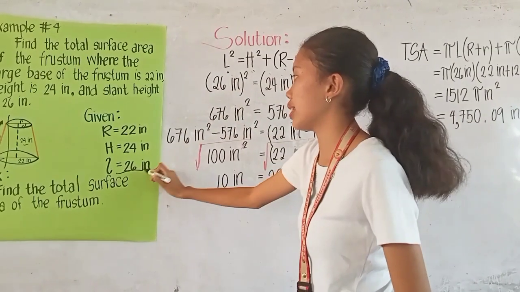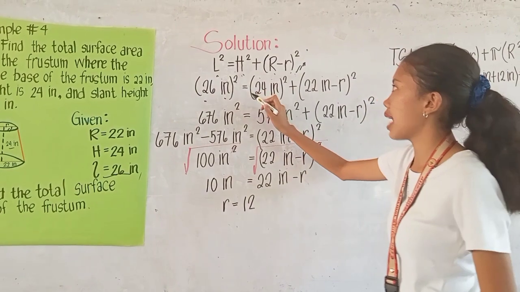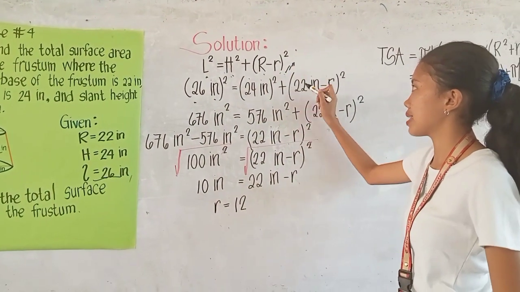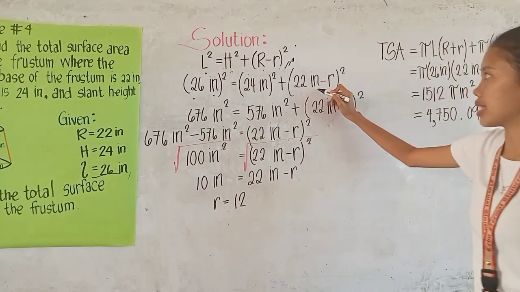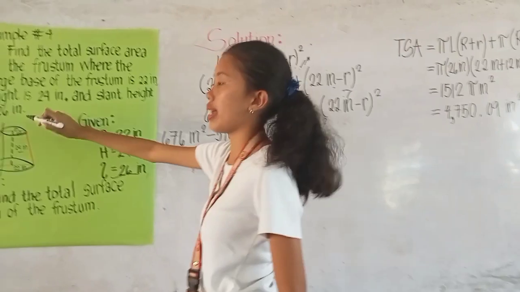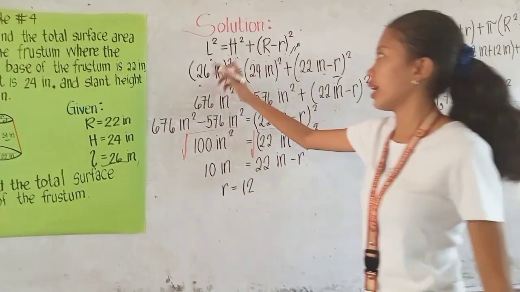So L is 26 inches. 26 inches squared equals height, 24 inches squared, plus 22 inches minus r, since we were not given the upper base, squared.